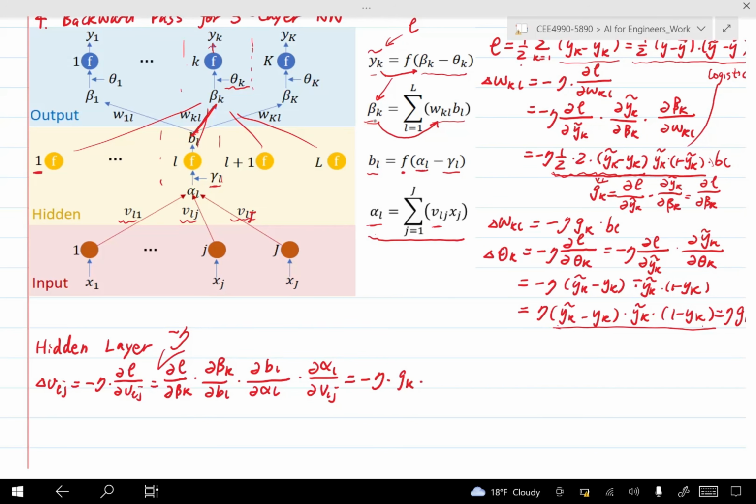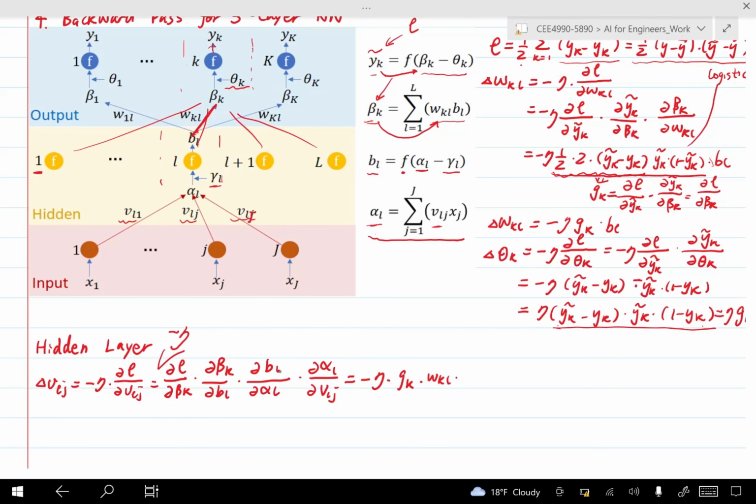Second, partial beta k, partial b sub l. What should we have? What's the coefficient in front of b sub l? W sub kl, right? The derivative of beta k with respect to b sub l is just the coefficient in front of it. For example, if you have a function y equals 2x and you want the derivative of y with respect to x, it would be equal to 2. So we have W sub kl.